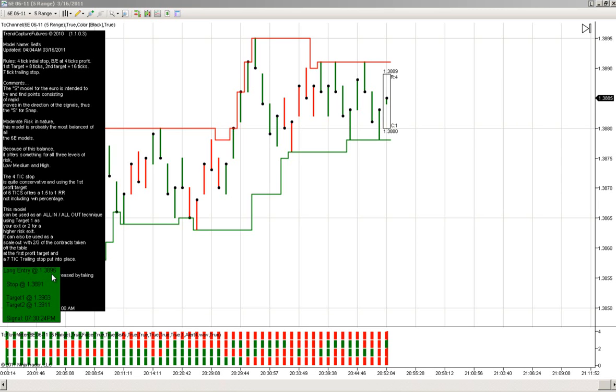The third way of entering a trade, which has more risk involved because of slippage, but it's still a possibility, is with market orders. And like I said, you get a heads up as to whether there's going to be a long or a short based upon the highlighting coming up on that particular bar.